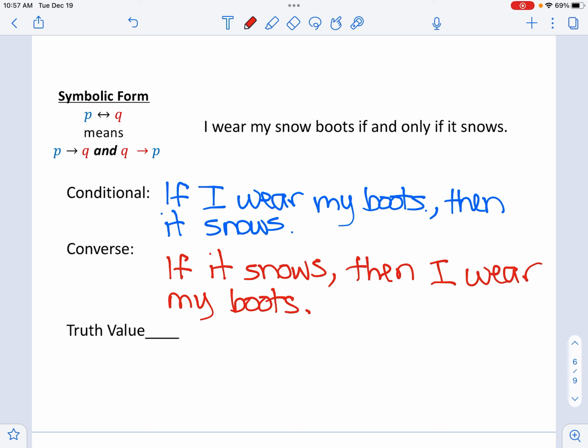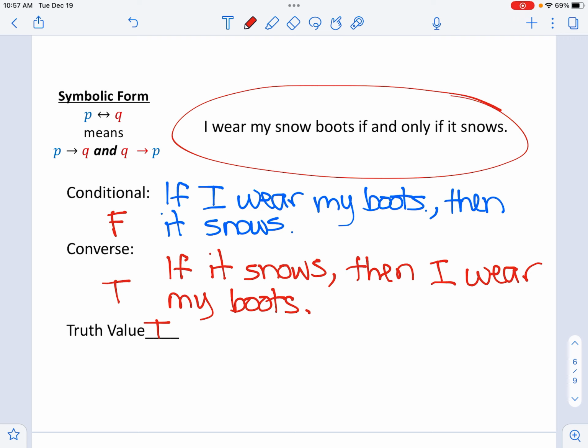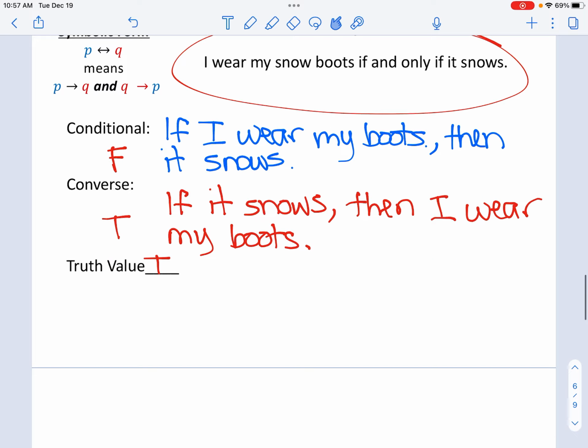It should be snow boots, but we'll just go with that. So the converse is probably true, but this, if I wear my boots, then it snows, is false. So this is probably true, but this is false. So that means this is false.